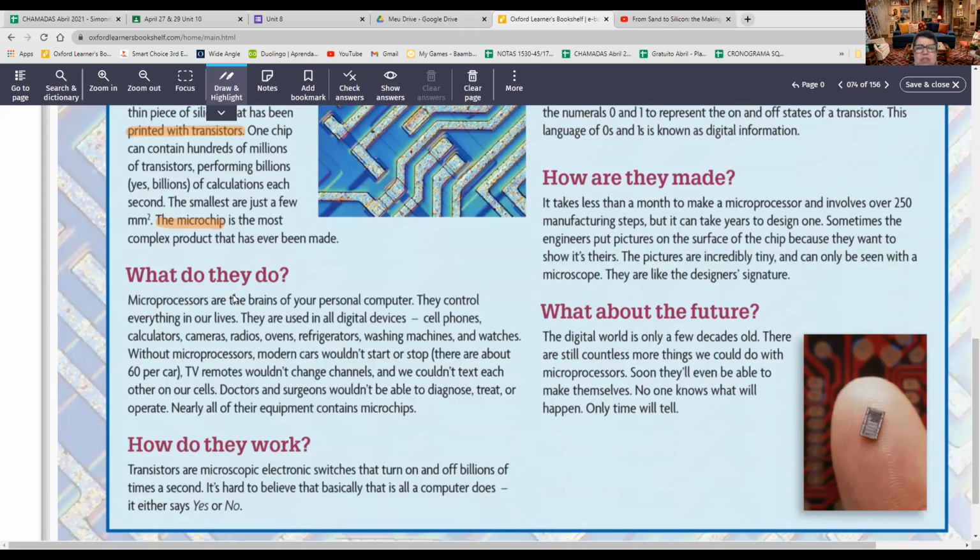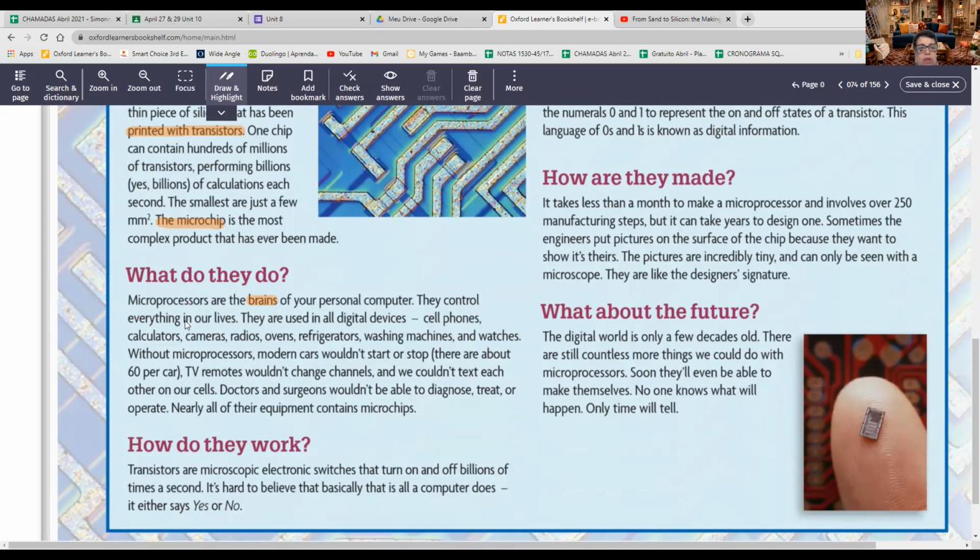Now, what do they do, Bruna? Let's see. Microprocessors are the brains of your personal computer. Do you understand the meaning of brains? Brains is the same as cérebros, okay? So they are the brains of your personal computer.